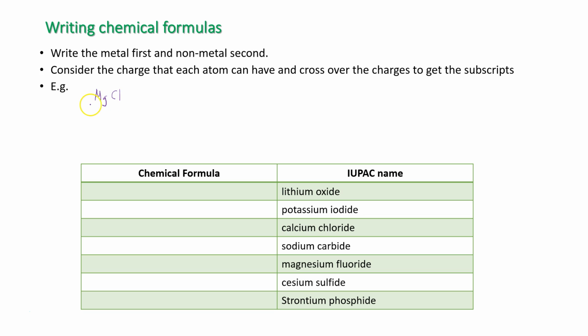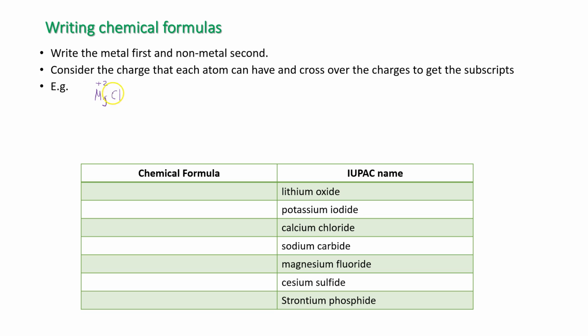What we do first is we write Mg and we write Cl. Now we have to look at the periodic table, and Mg is in the second group. You have to remember that elements in the second group will have a charge of +2.